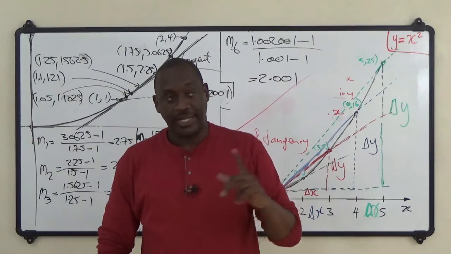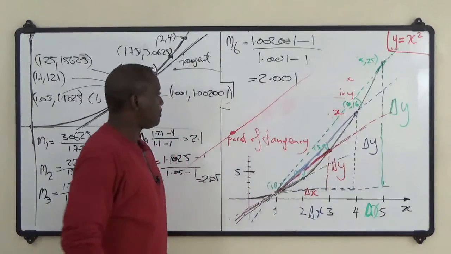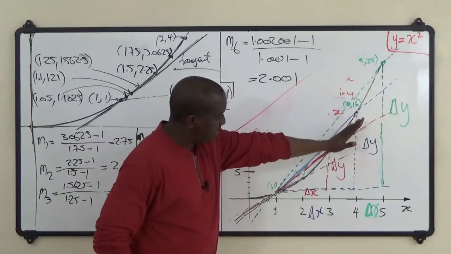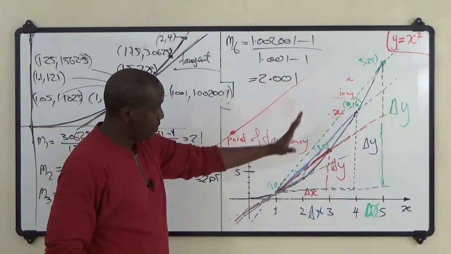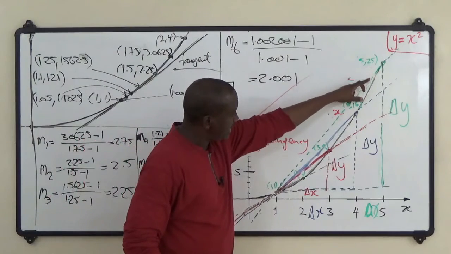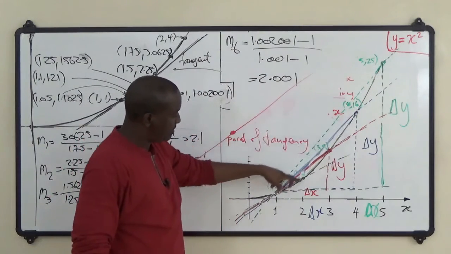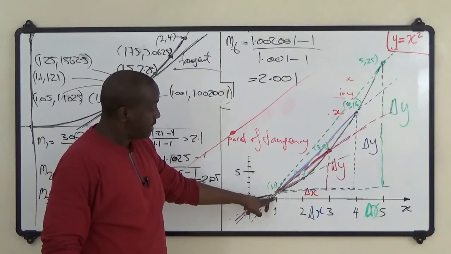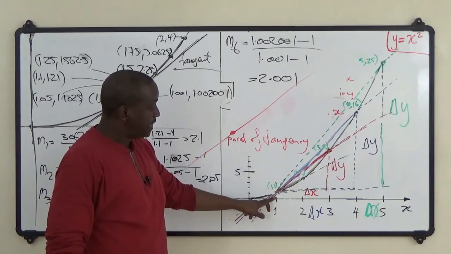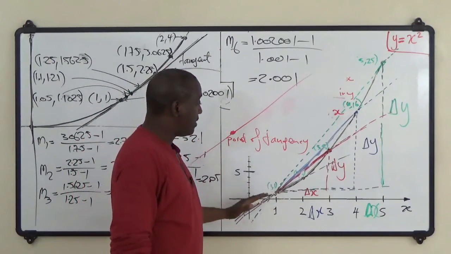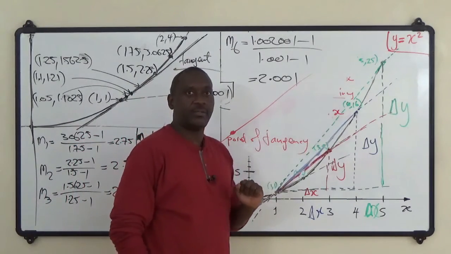However, in the case of the curve, we established that each line segment has its own gradient, and as you shorten the length of the line segment by bringing one end closer and closer to a fixed end, you get to a point where you have the gradient at a particular singular point, and that gradient is equal to the gradient of the tangent.